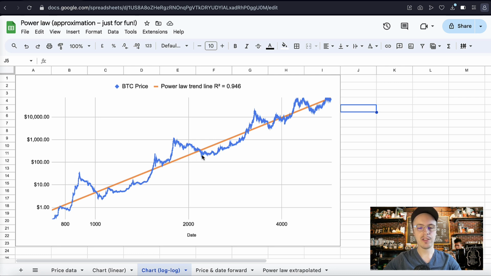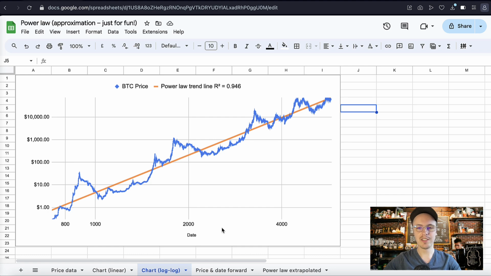So the R squared goes from 0 to 1, and the higher the value, the better the fit. So in this case, we have an incredibly good fit for the data. And essentially what this is saying is that 95% of the variance in the Bitcoin price can be described by movements in time, which is quite incredible.